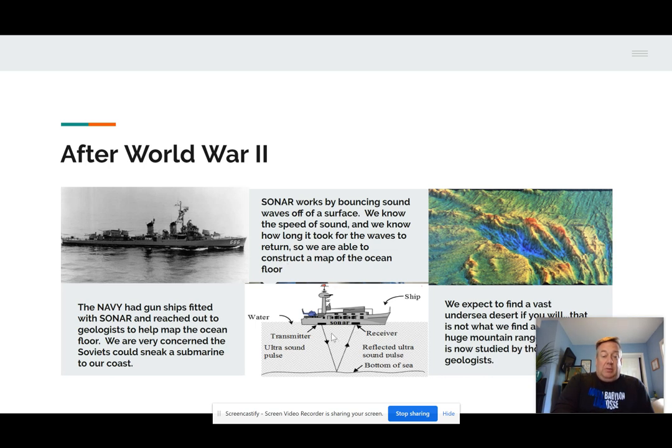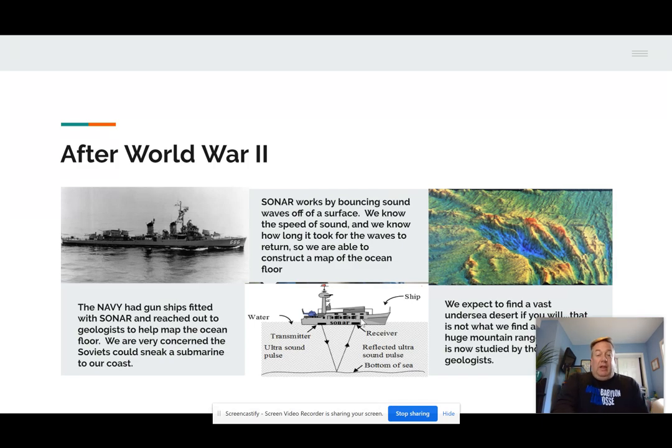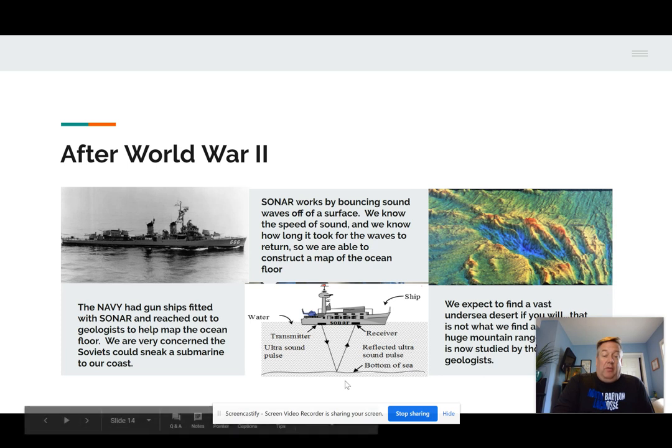Here's basically what happens: in the middle picture, we have a ship that has a little transmitter, and it shoots out some sound, which bounces off of whatever we're aiming at, and it shoots back. If we know how fast sound travels, which we do, and we know how long it takes for it to get back to us, we can figure out how far away we are from whatever we're looking at. So in this case, the ocean floor.